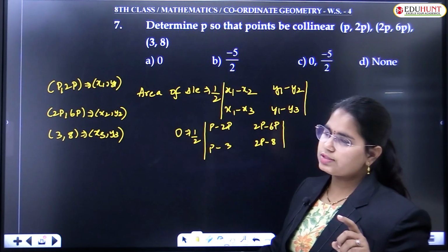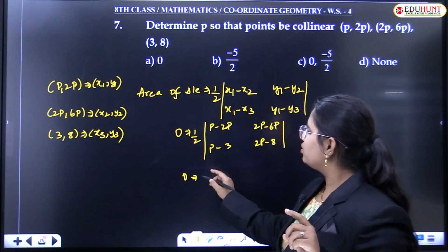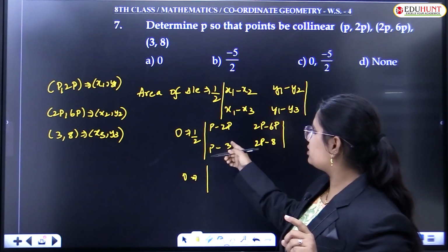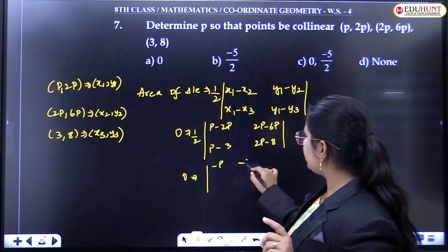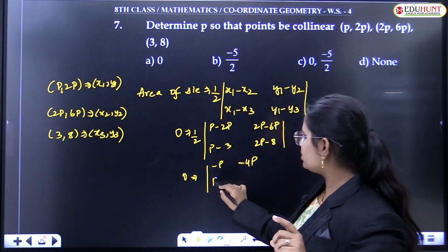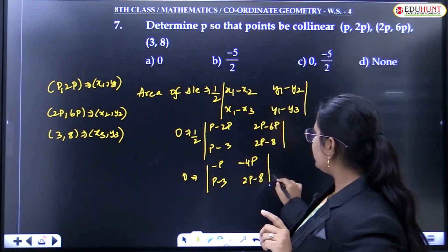Correct. So transform that side, it will become 0. So 0 is equal to what I will have? P minus 2p is minus p and this is 2p minus 6p is minus 4p. This is as usual p minus 3, 2p minus 8. So I told you, right?